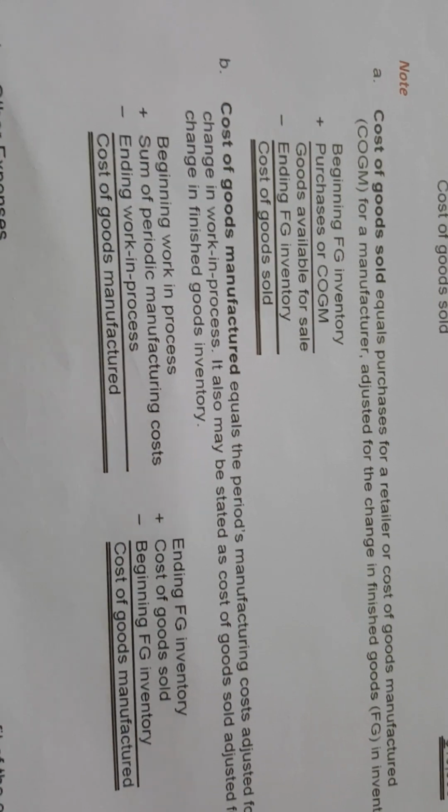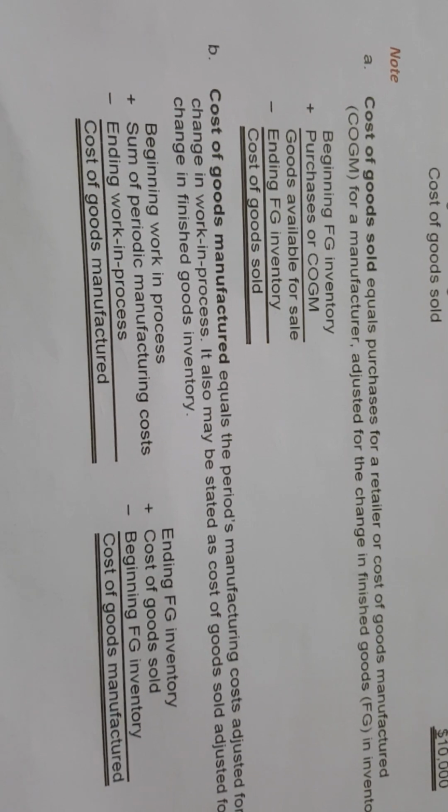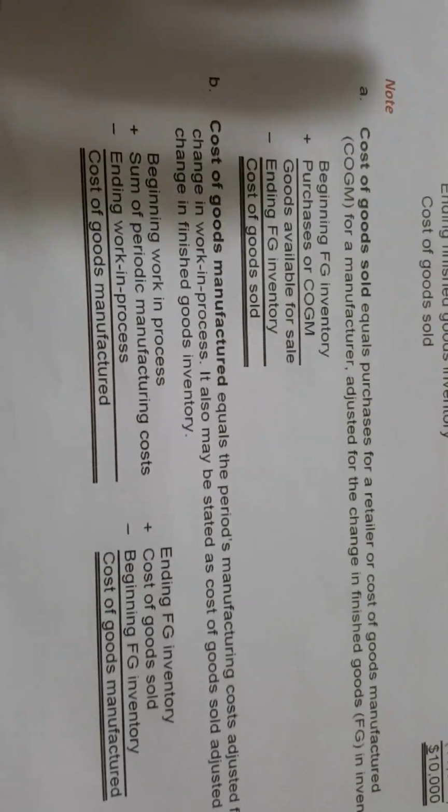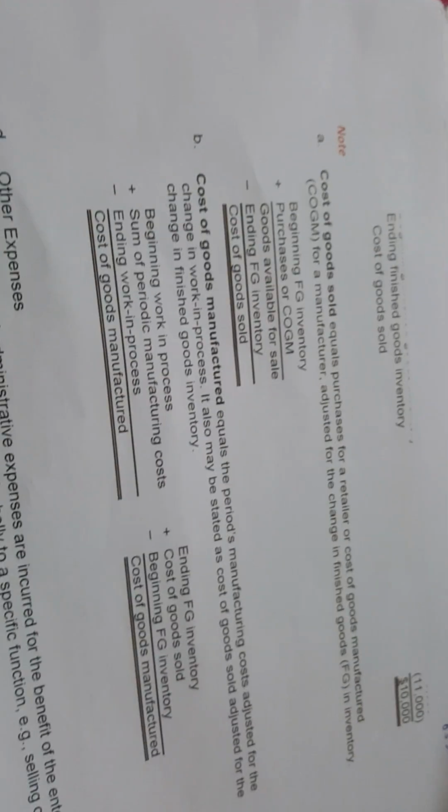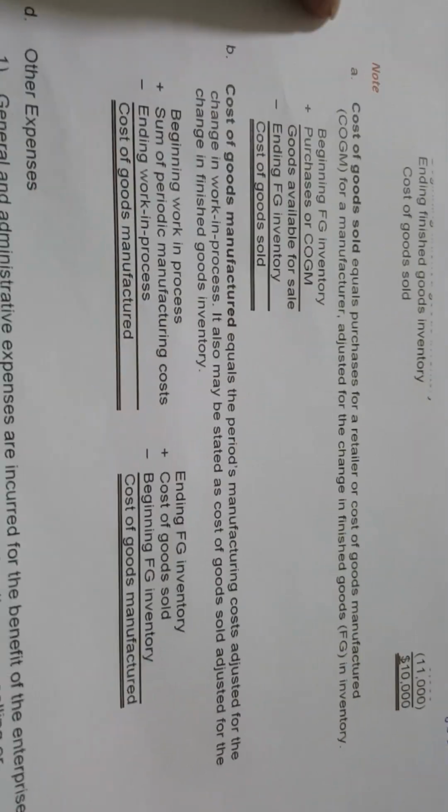Then you are adding beginning finished goods and deducting ending finished goods, and then you are getting the cost of goods sold. Sorry. This note is not mandatory if you are noting it, because the questions are coming only from there. Okay, and other expenses are coming.